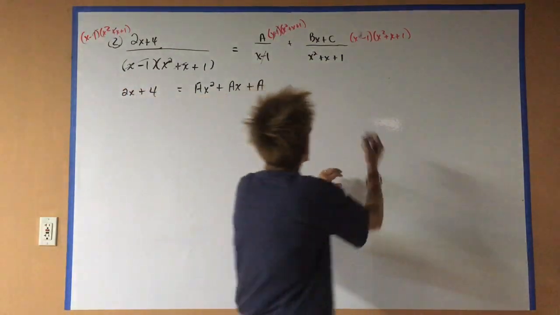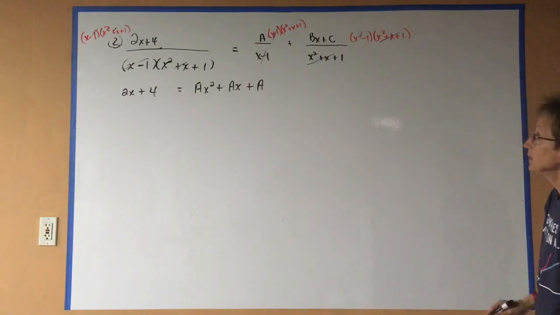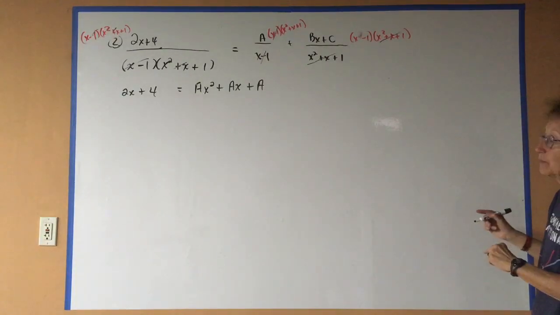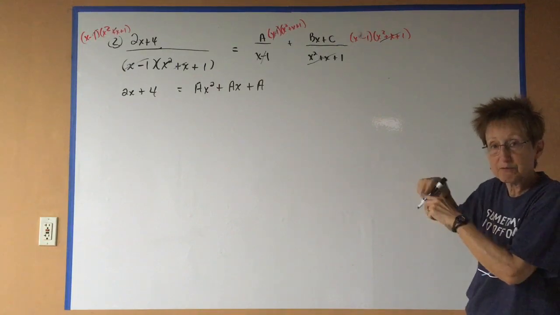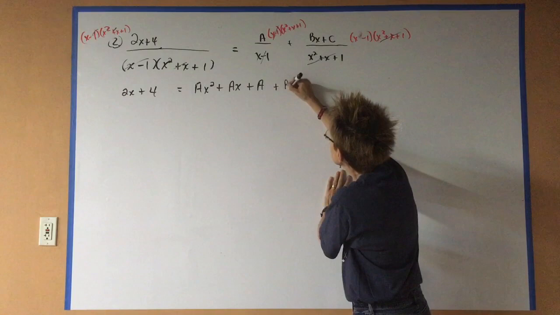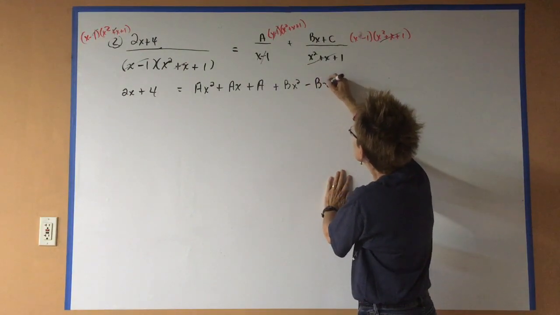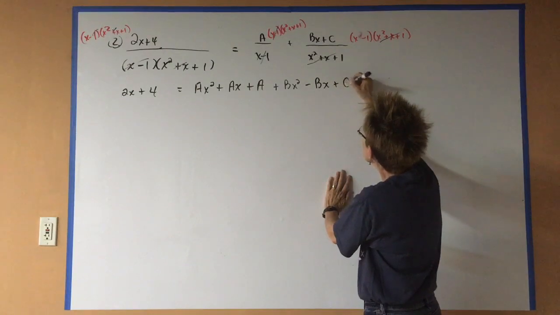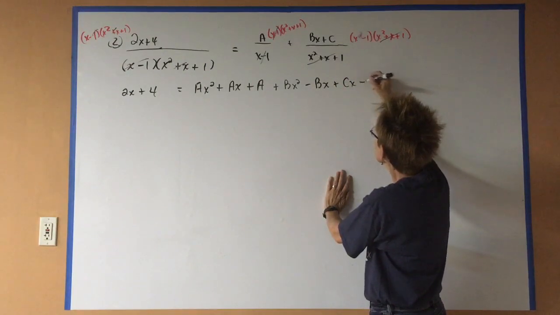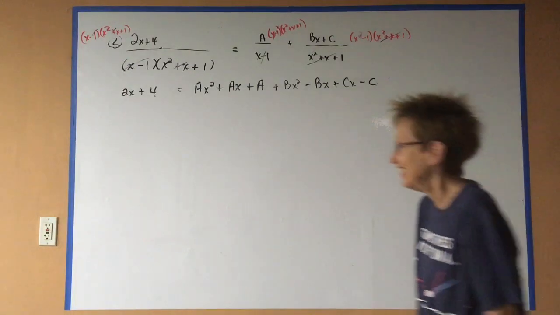The second term, this piece cancels. So I have to take bx plus c and multiply it with x minus 1, which means I need to FOIL that out, right? So bx times x is bx squared. Bx times -1 is negative bx. C times x is positive cx, and c times -1 is negative c. Oh boy, what a mess.